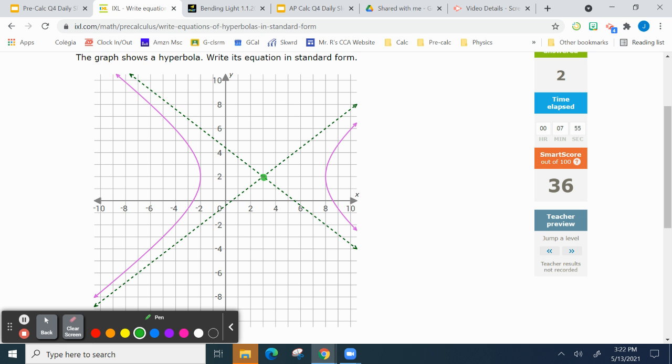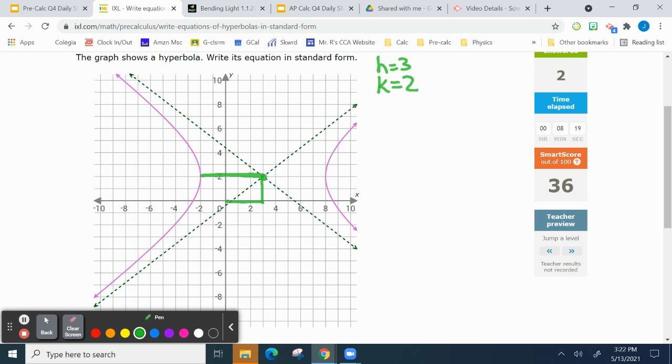And the center is what? 3, comma 2, right? So h equals 3 and k equals 2. And we're halfway there already, aren't we? All right, so now our a is the distance from the center to a vertex.